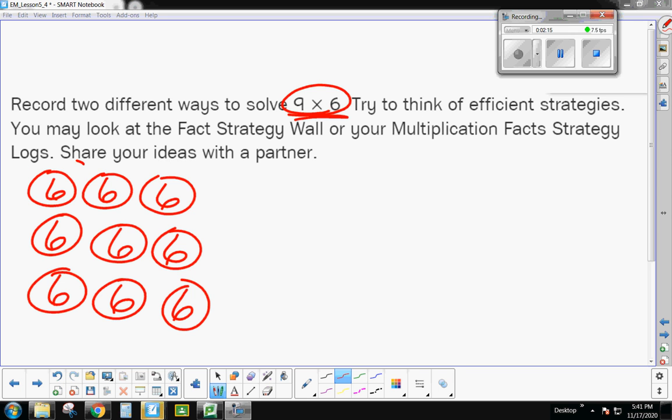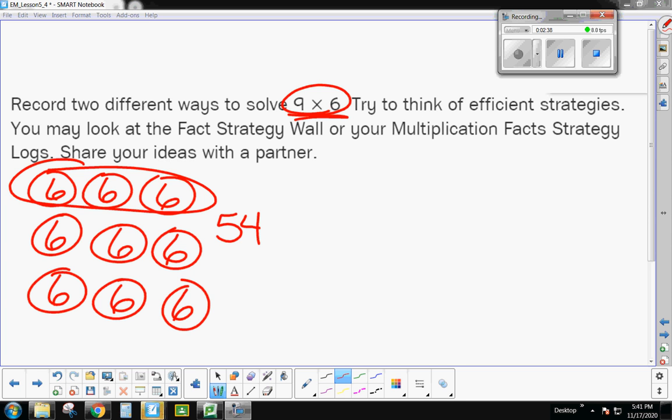I might add up 3 of them at a time. I might add up 5 of them at a time because then I could do 5 times 6. But no matter which way you decide to add them all up, I would come up with 54. You might add up 18 and 18 and 18. You might have different ways that you want to do that.